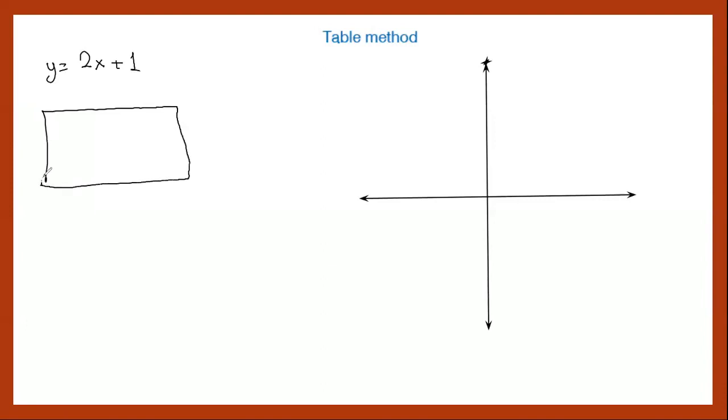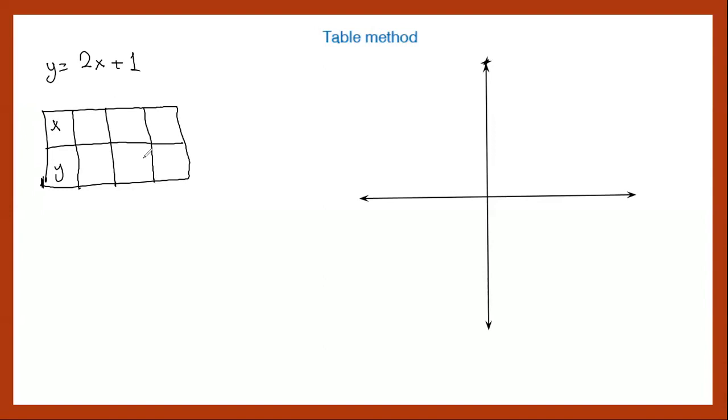I suggest you give only three values, not two, not four, not five. You can give any value, it doesn't matter. At the top put x, the second row is y. You give values to x. Why are you going to say, hey, why can't I give y?